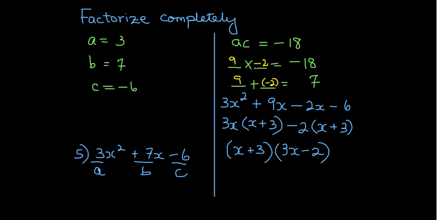Whether you have the 3x minus 2 first and then the x plus 3, remember, multiplication is commutative. You're going to get the same response. Both are correct. So this is our completely factorized form for that quadratic.